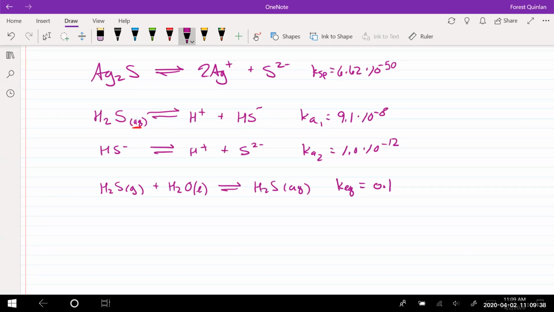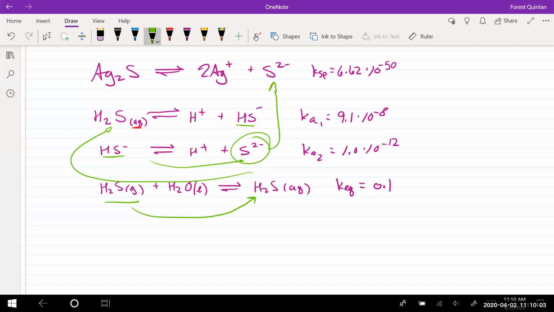Now, as we write these down, I hope you can see how this thread is going to go through. What I'm going to do is take some hydrogen sulfide gas, which will turn into H2S. That H2S will slowly turn into HS minus, and finally sulfur 2 minus, which is right up there with our silver sulfide.